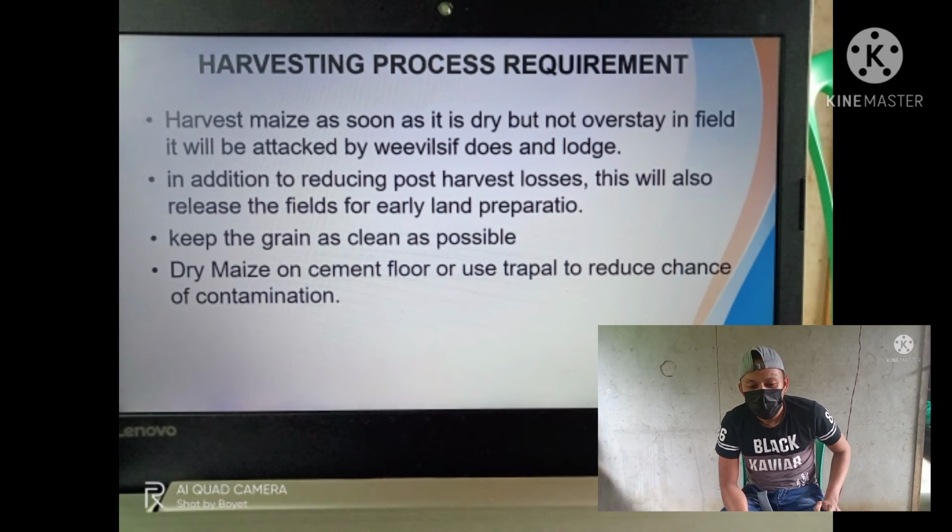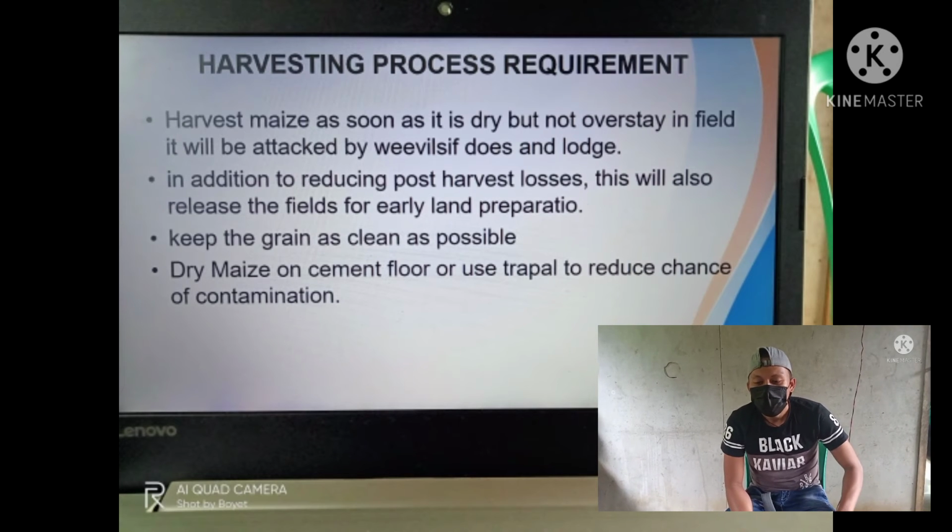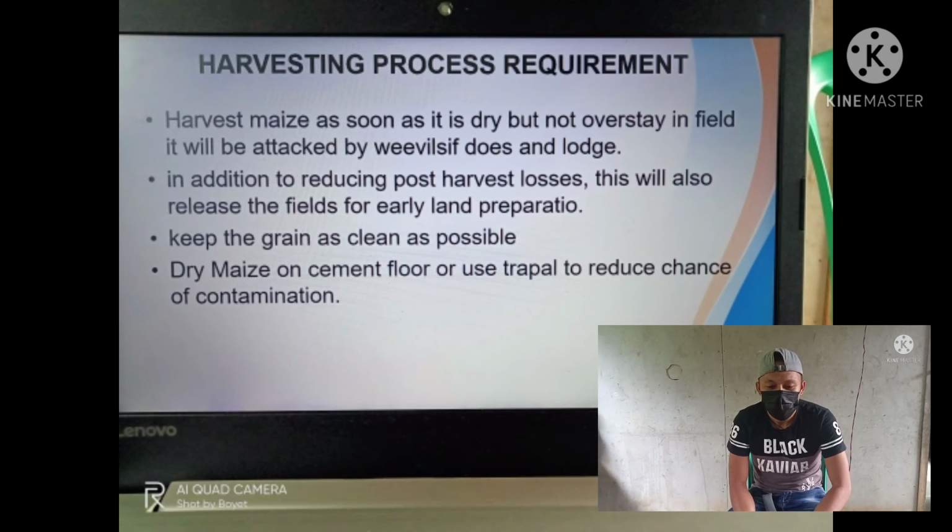It will be attacked by weevils, dust, and pests. In addition to reducing post-harvest losses, this will also release the fields for early land preparation. Keep the grains as clean as possible. Dry maize on a cement floor or use a tarpaulin to reduce the chance of contamination.